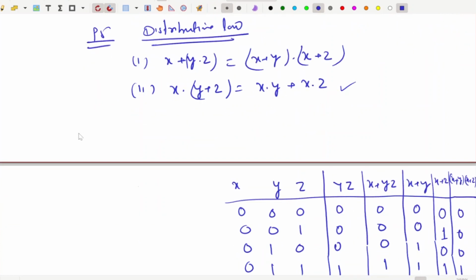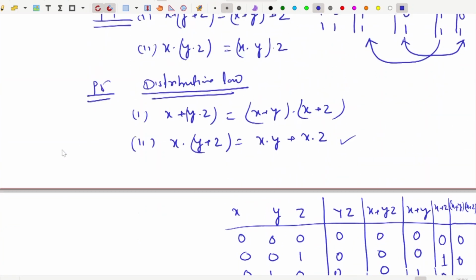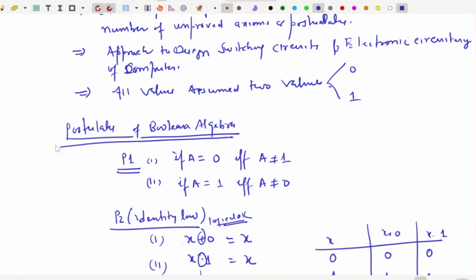So let us look at some postulates starting from postulate 1. Postulate 1 says that if a is equal to 0, this means we cannot treat the value of a as equal to 1, and the second part of postulate 1 is if a is equal to 1, we cannot say that a is equal to 0. Postulate 2 is the identity law.